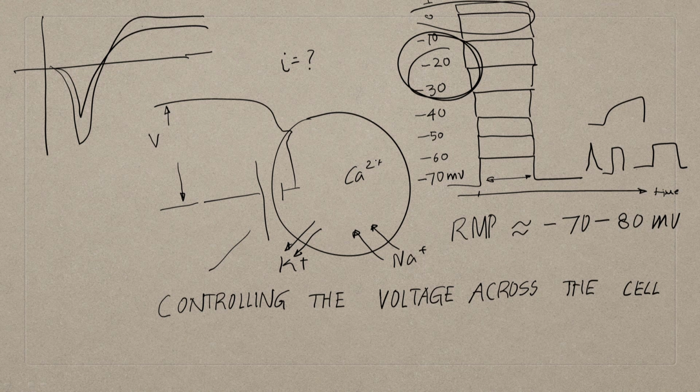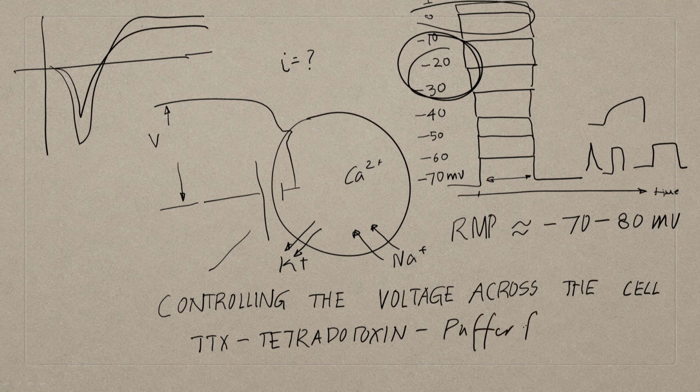Now, say for example, you have a bioterrorist agent like TTX, which is tetrodotoxin coming from the pufferfish. What tetrodotoxin does is it goes and blocks these sodium channels.